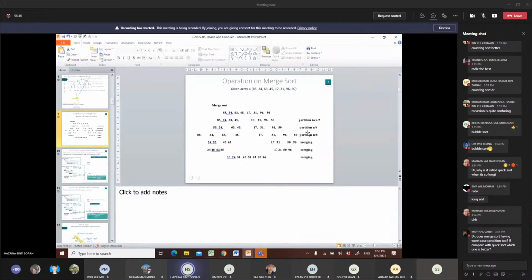For merge sort, I couldn't recall any best case or worst case other than the input condition, because it's always divided by half.